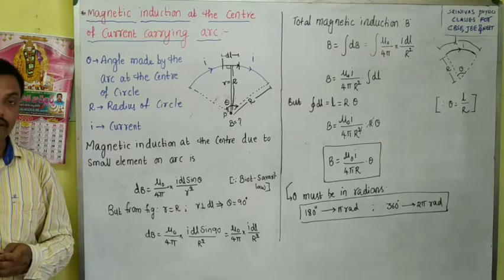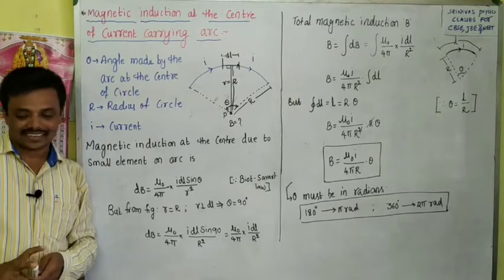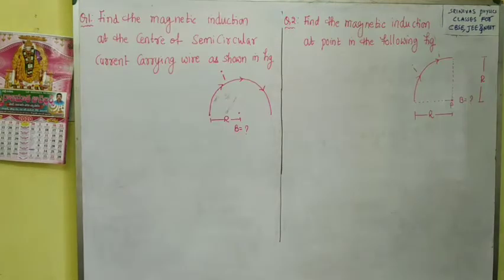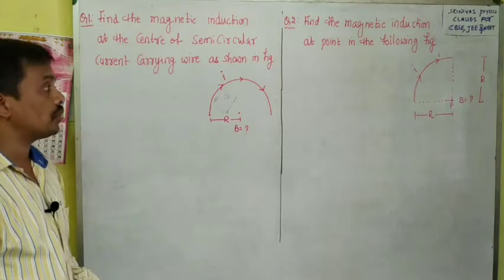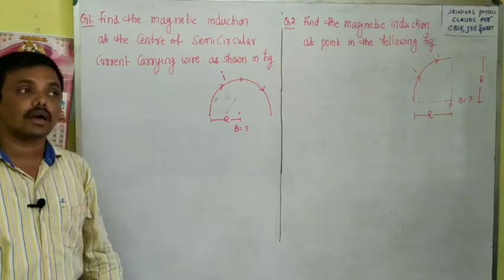I will rub it and take the screenshot, note every point. These are the two questions based on the previous formula. Just now we derived one formula, magnetic induction at the center of the arc.